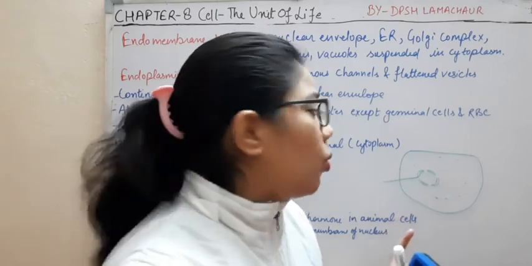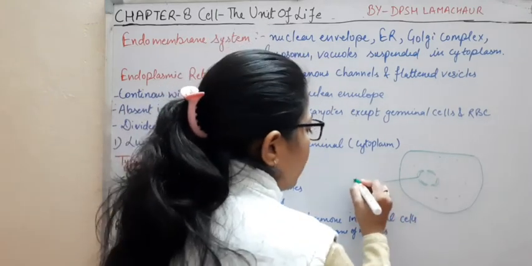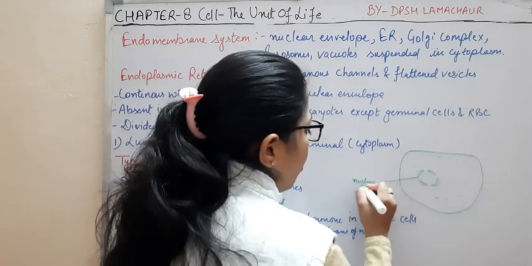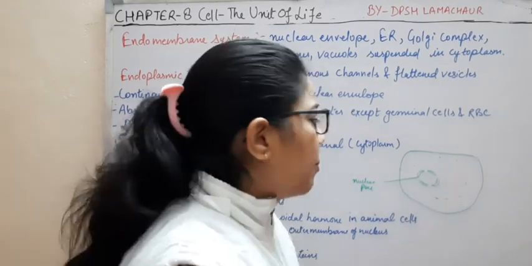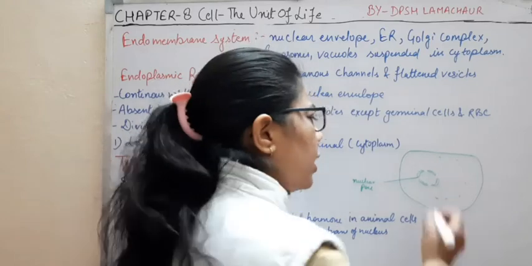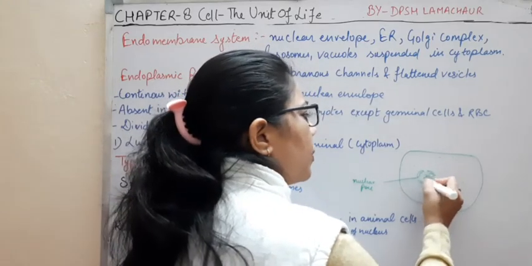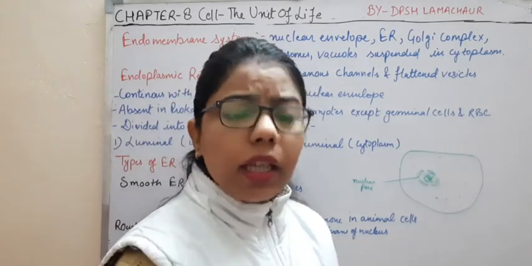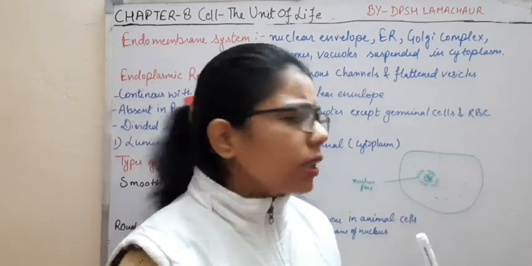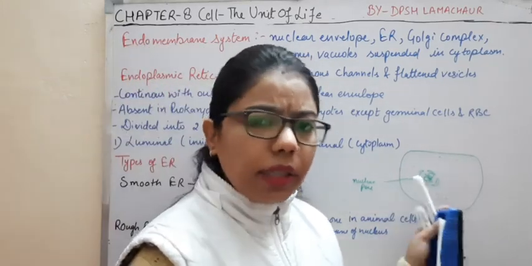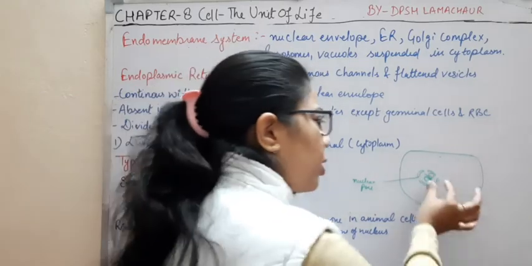These are known as nuclear pores, and the membrane is the nuclear membrane. Inside it, the genetic material, chromosomes or chromatids, is present. We will discuss that one by one, but today we are not discussing more about the nucleus.